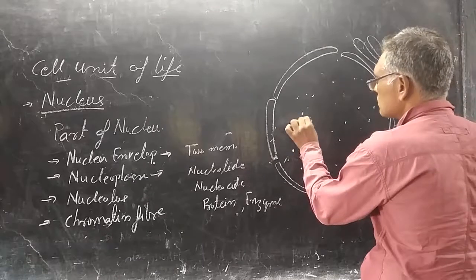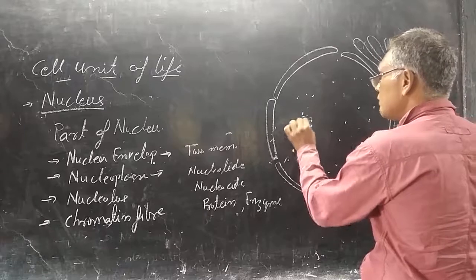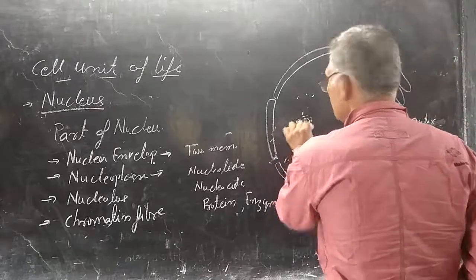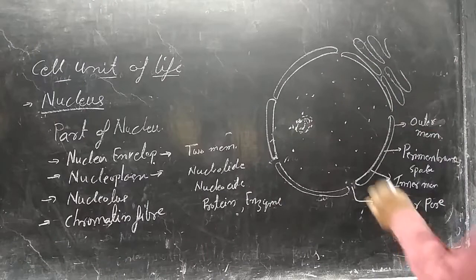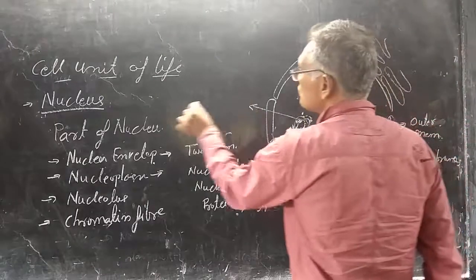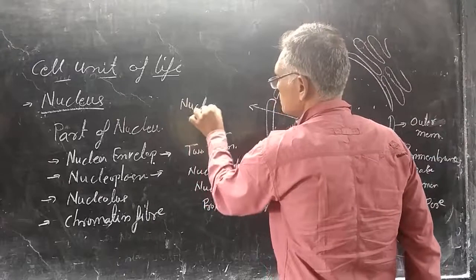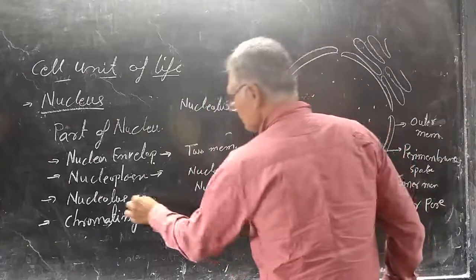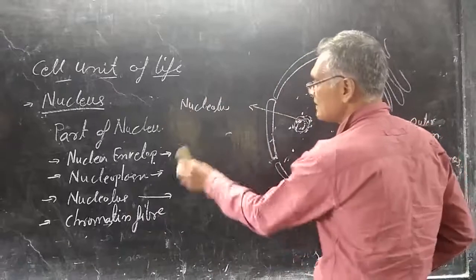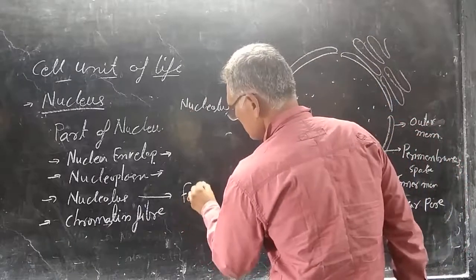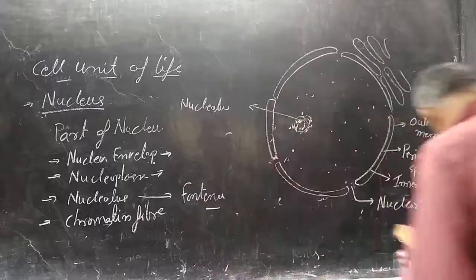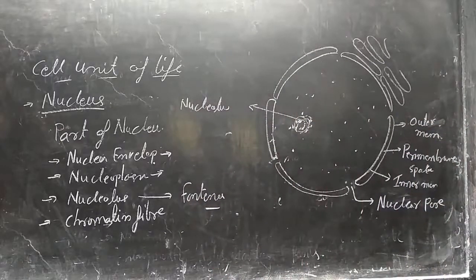one or sometimes two granular substances that are not enclosed by any membrane. This portion is known as the nucleolus. The nucleolus was first discovered by the scientist Fontana. It is a granular substance present inside the nucleus. It may be one or two, sometimes more than two.